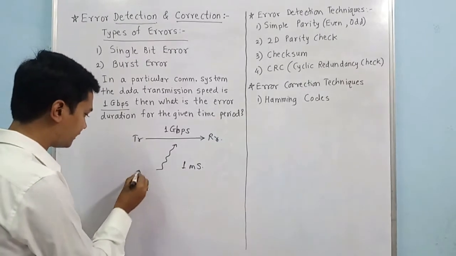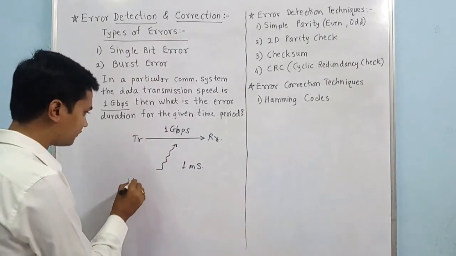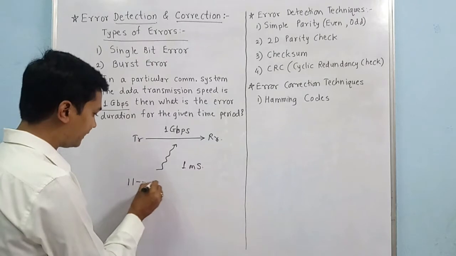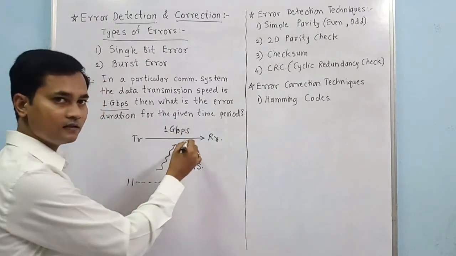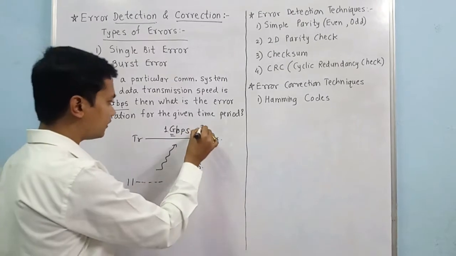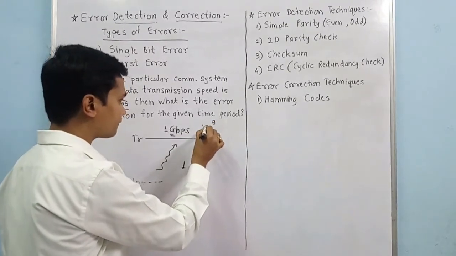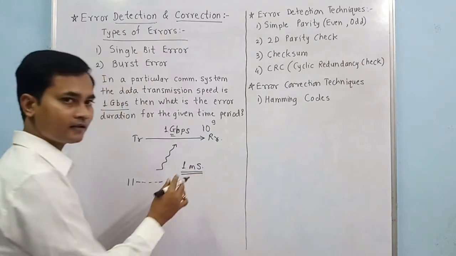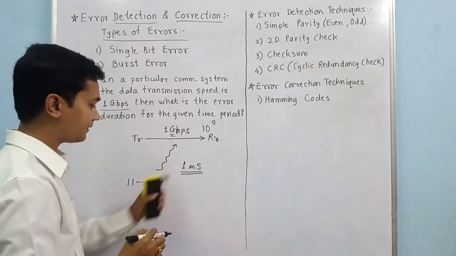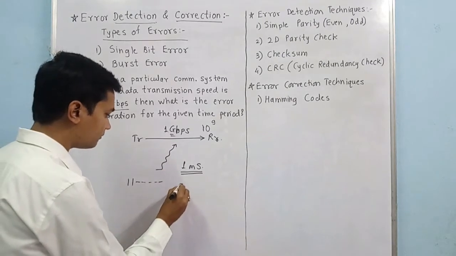Here the transmitter is sending so many bits. Actually, 1 Gbps means 1 gigabit per second. Giga means 10 raised to 9, and consider that for 1 millisecond the error occurred. 1 millisecond means 10 raised to minus 3.